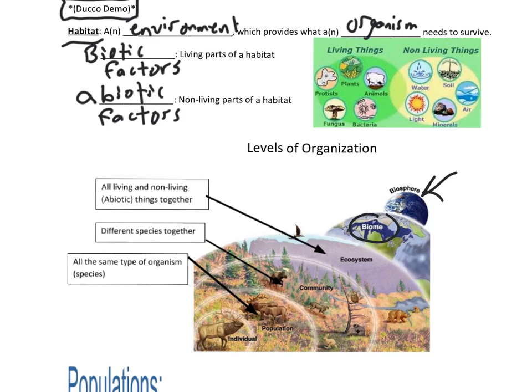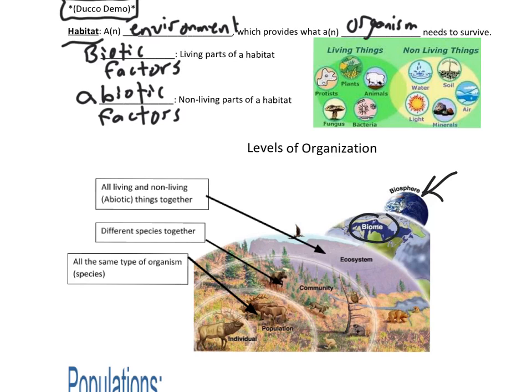We have water biomes, we have land biomes, and we're going to talk about those in our next activity. But you're familiar with some of them, like rainforests and boreal forests and deserts. All of these things are basically places with specific climates and specific weather that happen there, which make certain organisms grow better there as opposed to others.